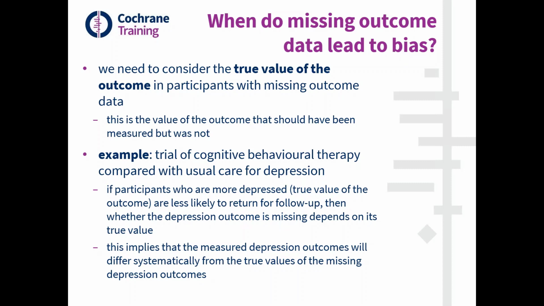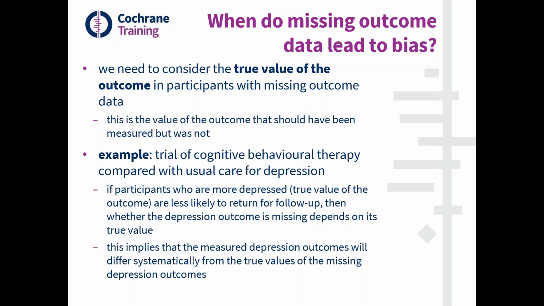So the key thing we need to think about when thinking about missing data is: what was the true value that we would like to have seen but is missing from those participants? So it's the true value of the outcome in participants with missing outcome data. If we think, for example, of a trial of CBT against usual care in people who are suffering from depression, some people who are more depressed may be less likely to return for follow-up.